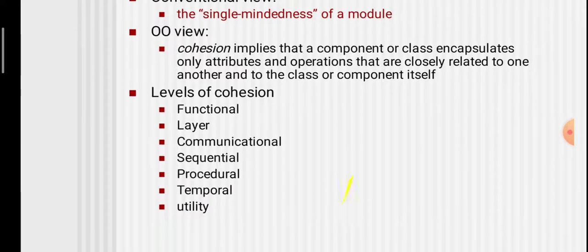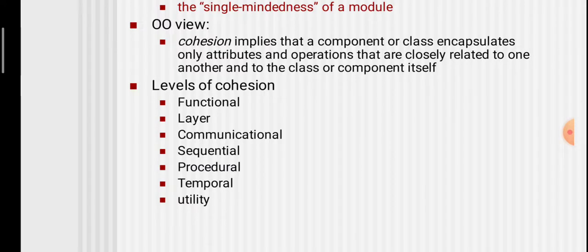There are different levels of cohesion. First is functional, based on the function, how we can design a particular module or a component. Then layer level, communicational, sequential, procedural, temporal, and utility. Temporal is time based, used for a particular time, transient or permanent.